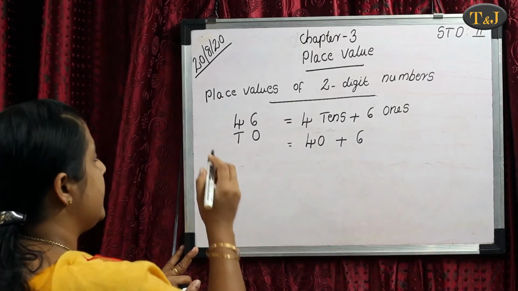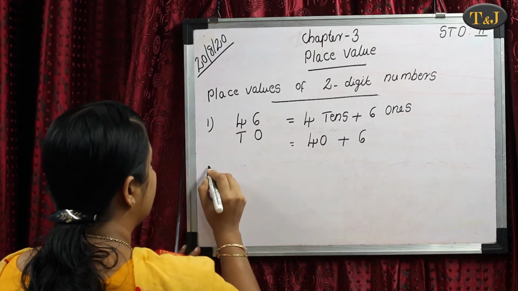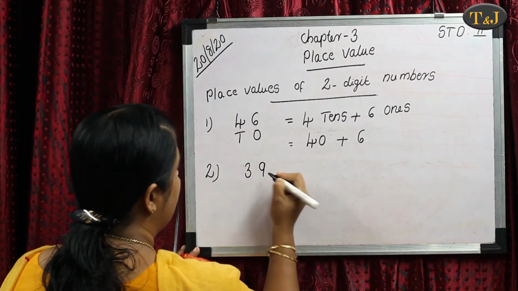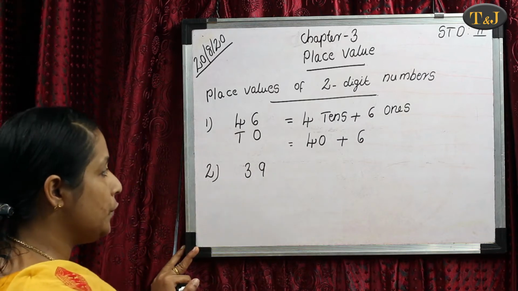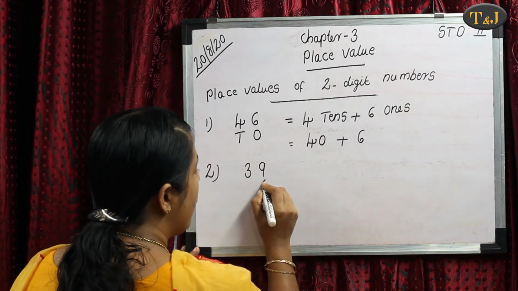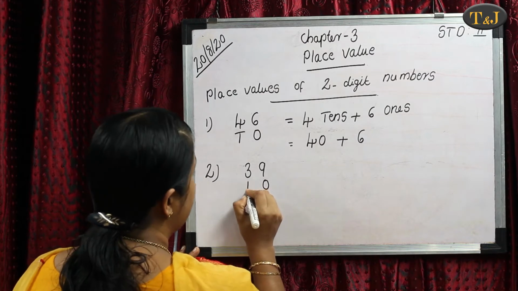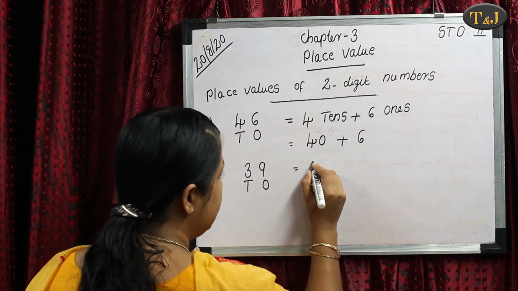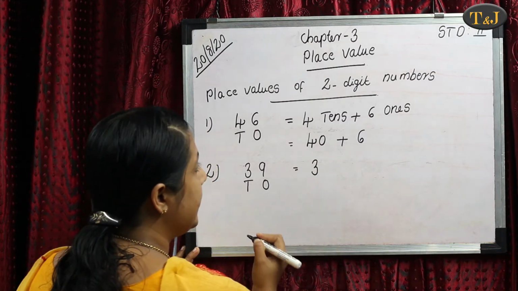Okay, then the next example. Consider the number 39. First we identify the places of these digits. First place is ones, then second place is tens. The first number is 3. 3 is in which place? 3 is in tens place.